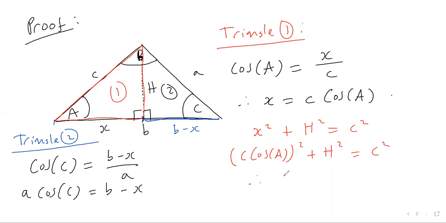So that means that h squared is equal to c squared, take away c squared cos squared A, and that's because when you square this c cos A, you get c squared and cos squared A, because you want to square both these values here. So take that away from both sides, we get that. So we get that h squared equals this.